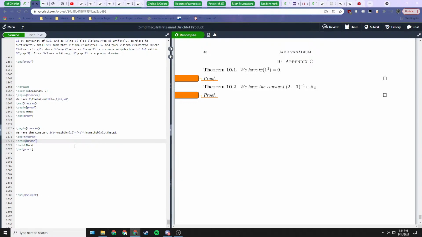Let me find this section. Okay, right here. So we want to prove that this constant, 2 minus bold 1 inverse, is in A sub theta. That means it has a particular growth scheme so that it doesn't grow too quickly. We're going to do this in a pretty roundabout way.